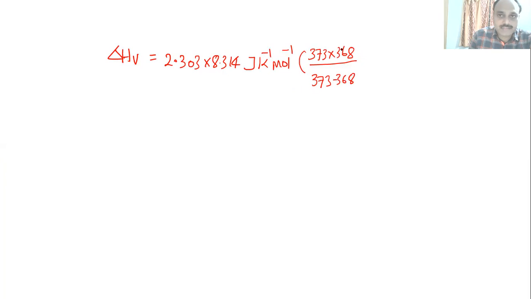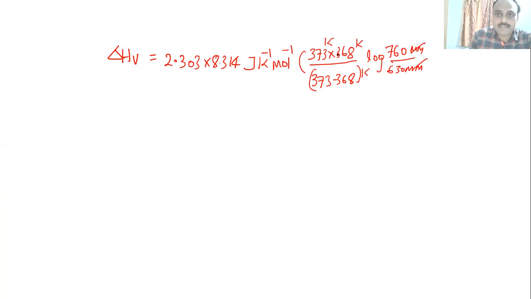Okay, then here is Kelvin, here is also Kelvin, and log of 760 mm divided by 630 mm. This all gets cancelled. And what about the unit?